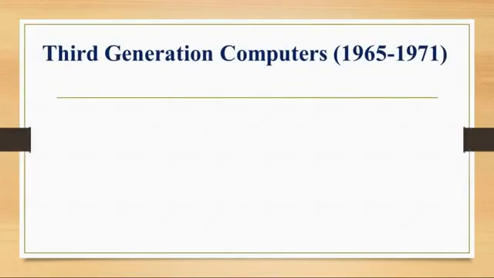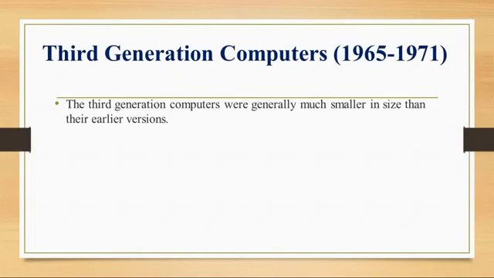Third generation computers were developed in 1965 to 1971. The third generation computers were generally much smaller in size than their earlier version. Integrated circuits were used in the computers for the first time. Keyboards and monitors were used as input and output devices.